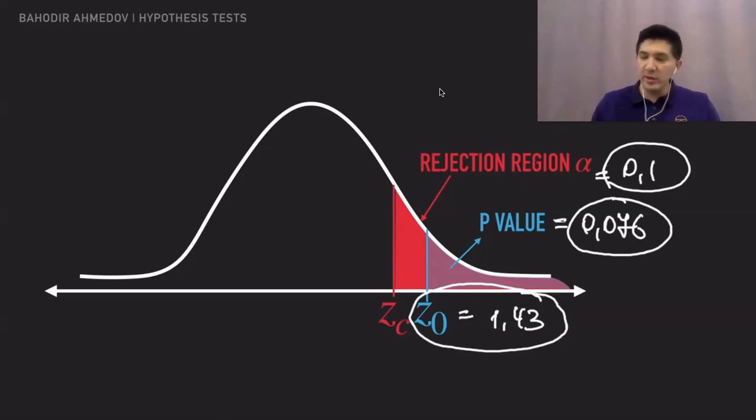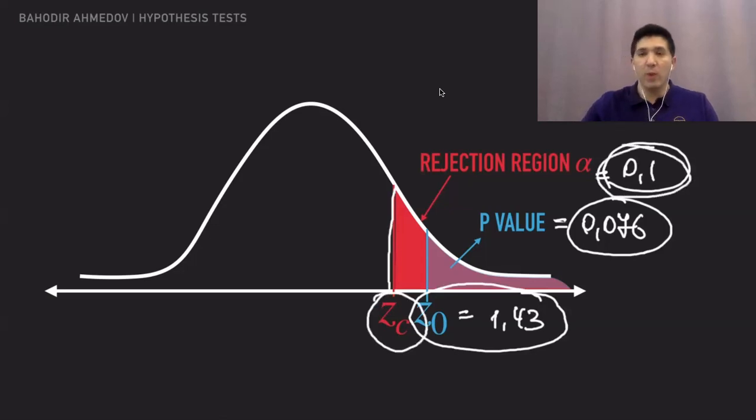You just need to know which value corresponds to this area 0.1. This Z value we are going to call the critical point. So basically, we just have to compare this Z with this one.